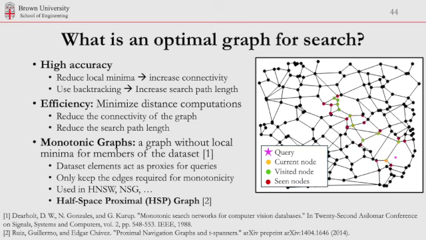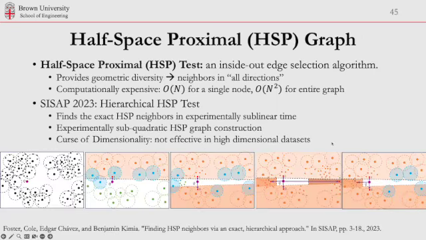I don't know how many of you are familiar with this graph, but it was developed by Dr. Chavez. And that's something that we worked on in our first collaboration: how to make the half-space proximal graph efficiently.